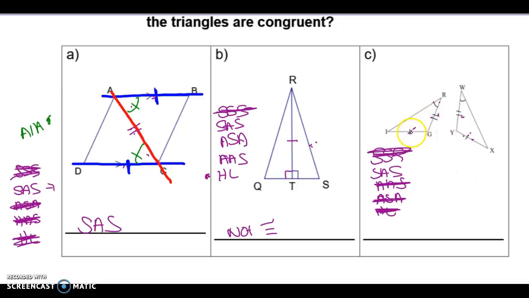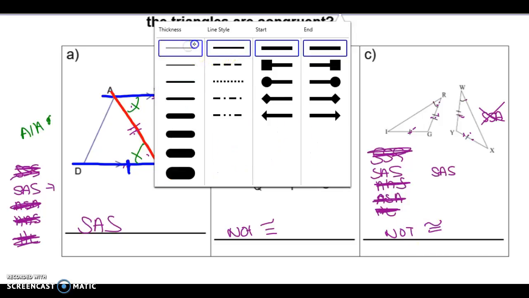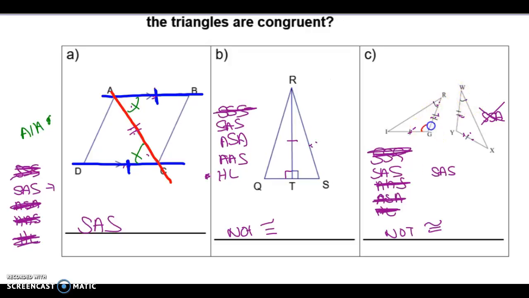Now, when I read this, I say side, side, angle. But it has to be side, angle, side, and this is saying side, side, angle. Side, side, angle is not a congruence statement. So we cannot say that they're congruent. Had this angle been marked here, then we could have used side, angle, side. But because it wasn't, we cannot prove them congruent.